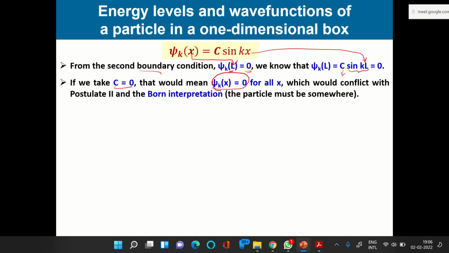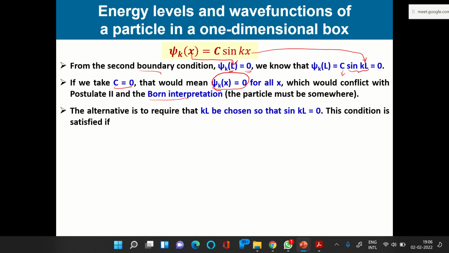Obviously that is not the correct way, because then the particle would have no existence. If psi is 0 for every value of x, the particle can never be found anywhere. So it is against postulate 2: the particle must be within the box.